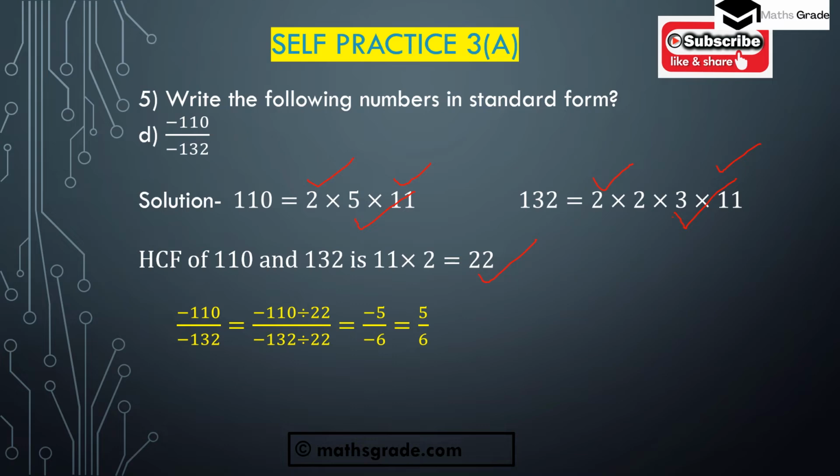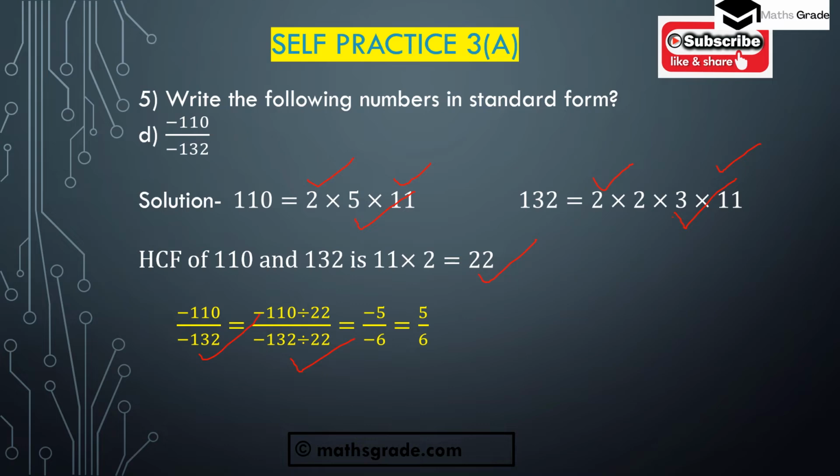Now divide the numerator and denominator 110 and 132 by the highest common factor 22. So minus 110 divided by minus 132 equals minus 110 divided by 22 over minus 132 divided by 22.